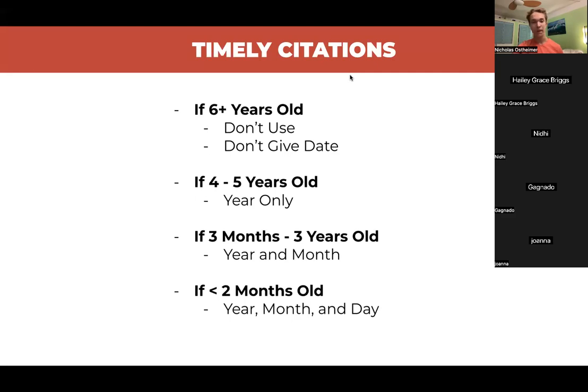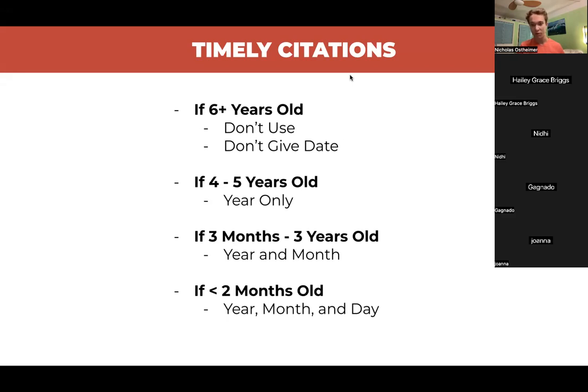while your evidence from 2 months ago is far more relevant. Meanwhile, if you use a topic like abortion, which has been in the public discourse for decades, even centuries, analysis from 6 or more years ago can still be very valid. That being said, as a rule of thumb, to be safe and to sound credible to your judges, don't use evidence that is more than 6 years old.